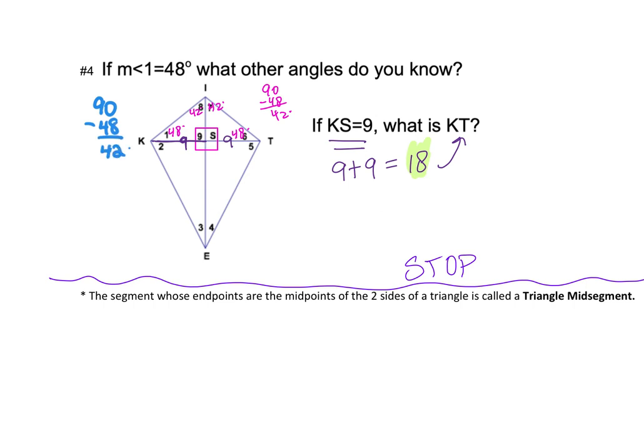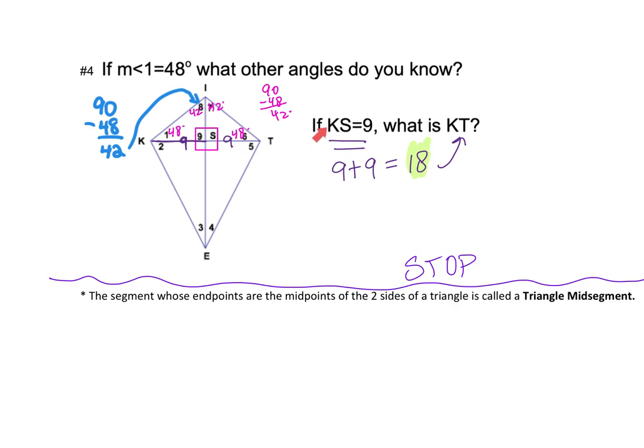It gives me the 42. That's what angle 8 is. And since this diagonal bisects that angle, I know that this one, angle 7, is also 42 degrees. And since this is a right angle, I know that this angle, angle 6, is 90 minus 42, or 48 degrees.